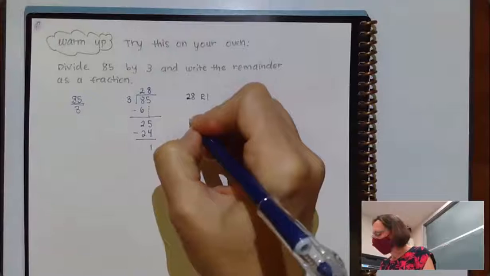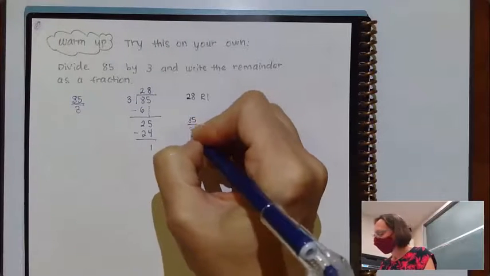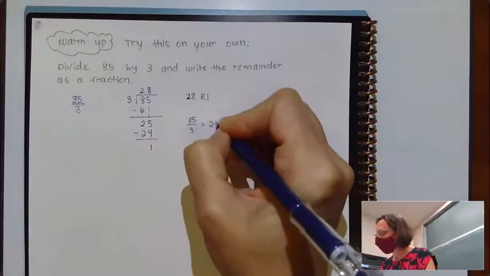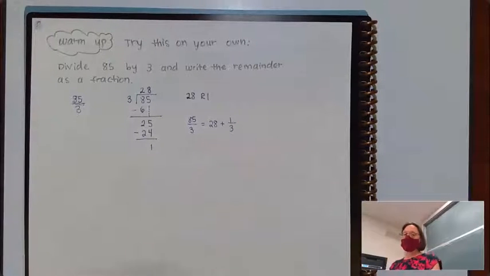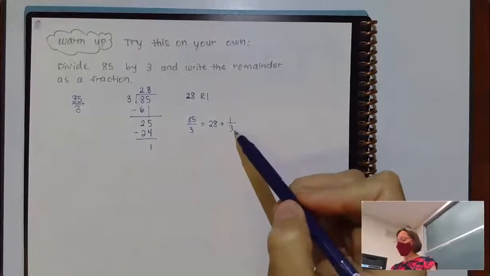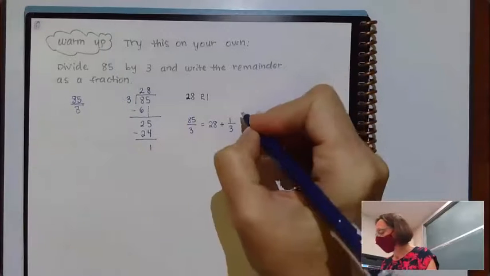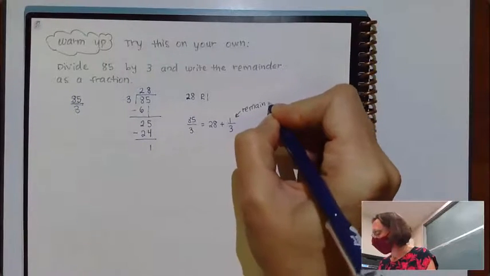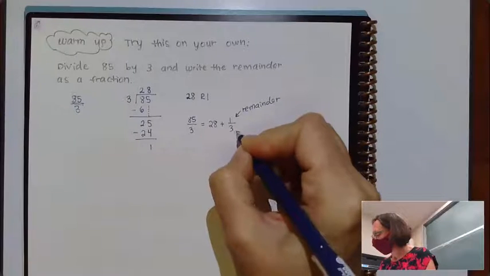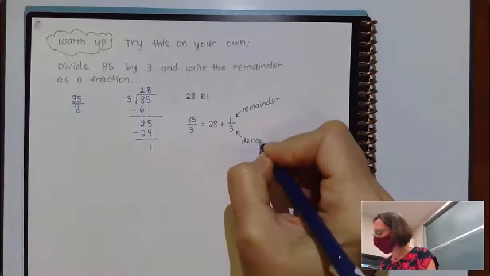Because this tells me that 85 divided by 3 is equivalent to 28 plus 1/3. So my denominator always stays the same, but the numerator would be the remainder. So this extra part is like the remainder over whatever the original denominator was.